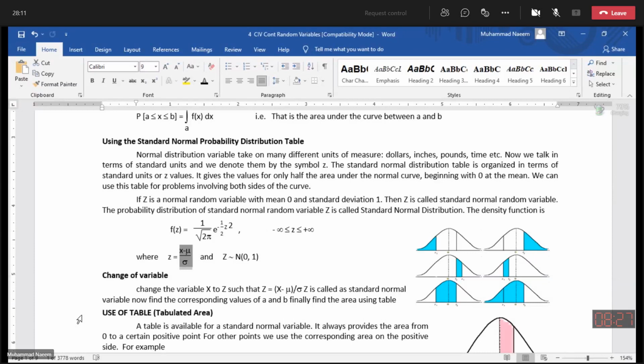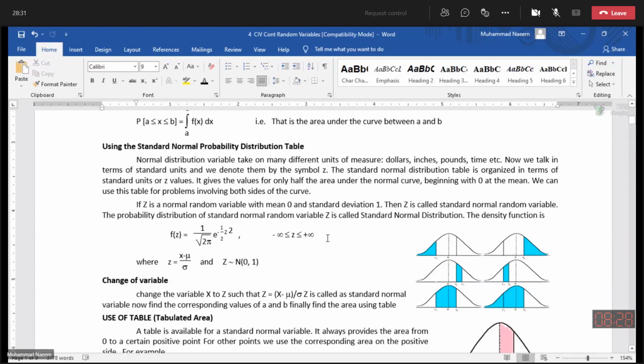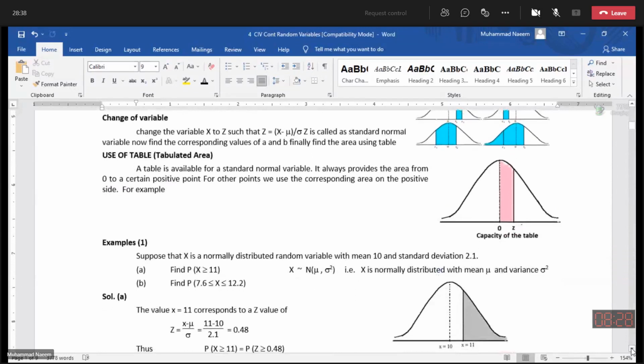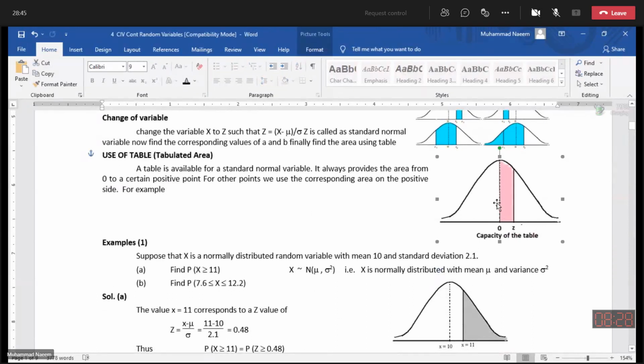Now this is a convenience for us because we have a uniform criteria. Whatever is the problem, when we convert in terms of z, we have mean 0 and variance 1. And remember, in our normal curve, mean is in the center. Okay, and next step is the use of the table. We have a particular capacity of the table.